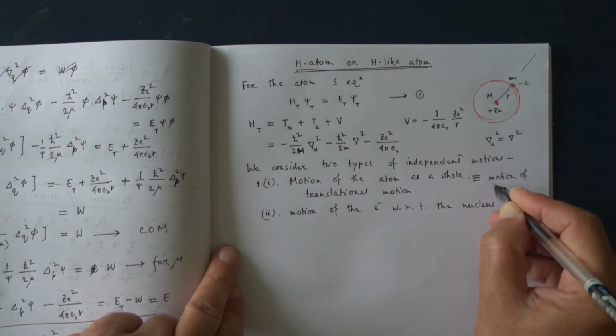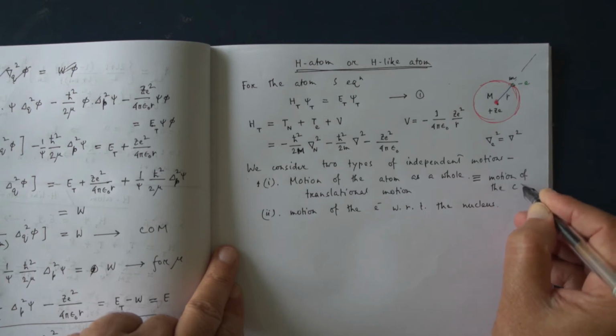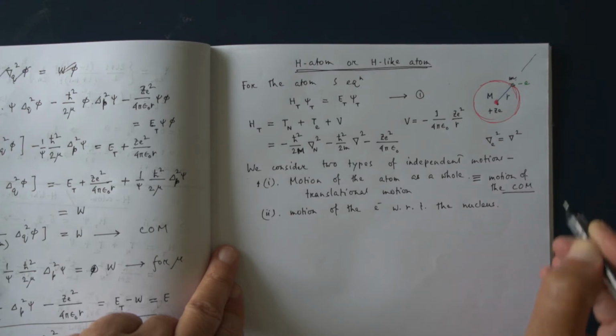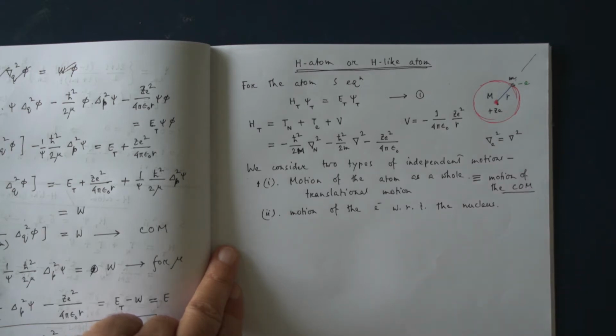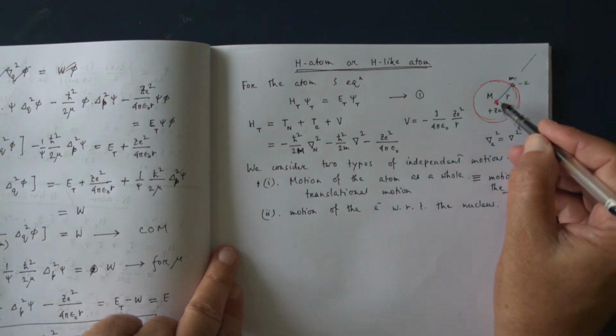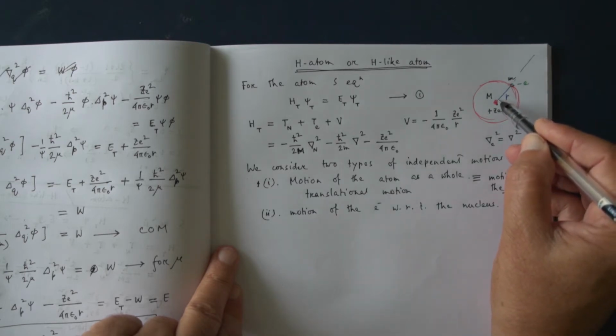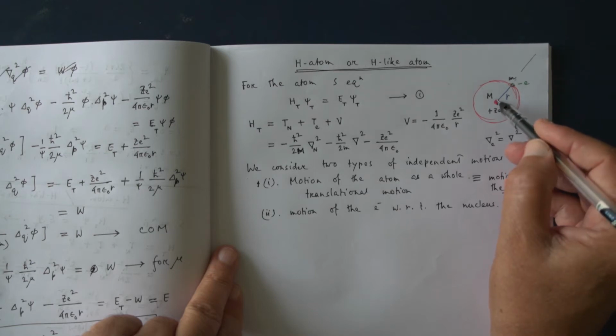Okay. Now this motion is equivalent to the motion of the center of mass. Center of mass here is very close to the nucleus, because the nucleus is very heavy.